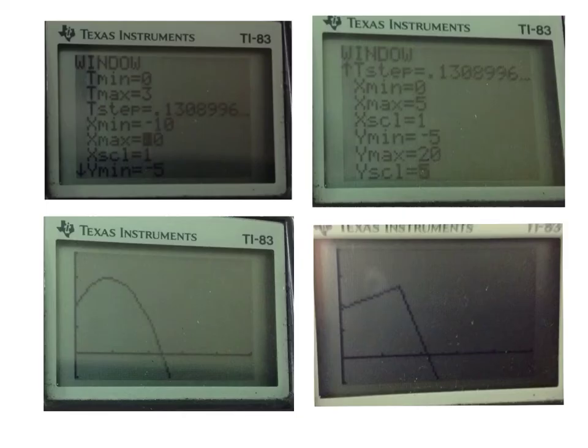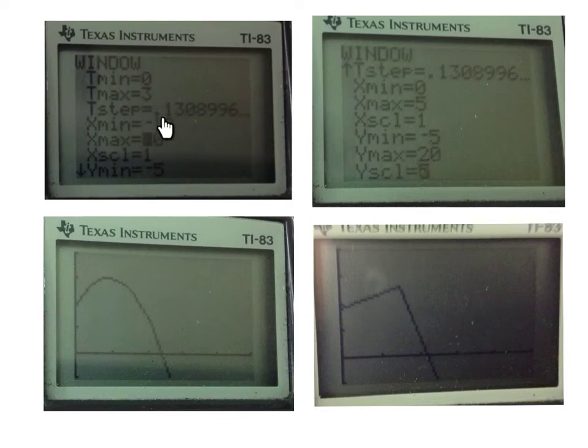After that, you go to window, and you'll notice some new things on your window feature. Mainly, you'll still have your X-min, X-max, X-scale, but you have this new T. This is saying it's going to plot X and Y as always, but it wants to know how many times you want to evaluate the two components for T. For this one I set a T of 0 because we're starting at time 0, and knowing that the diver hit at 1.6, I didn't feel the need to go very high here.